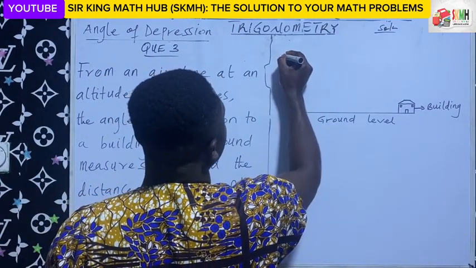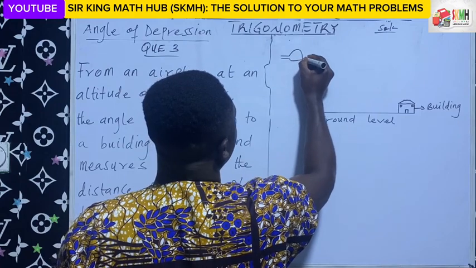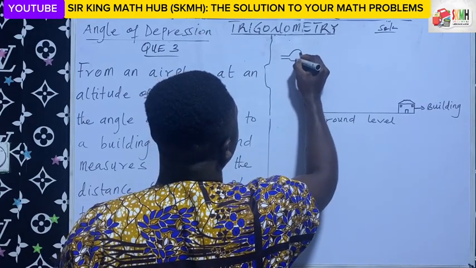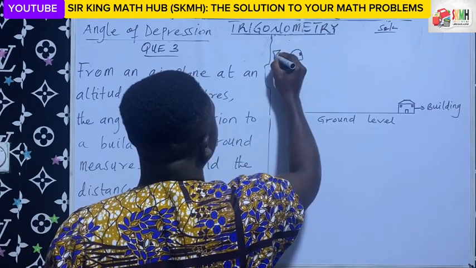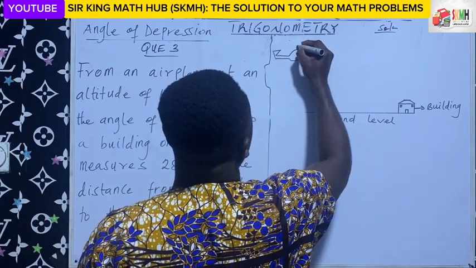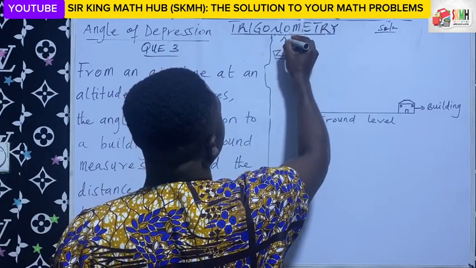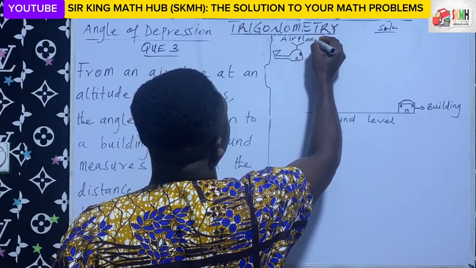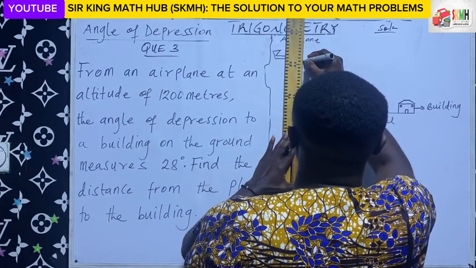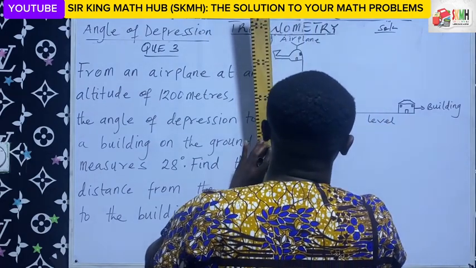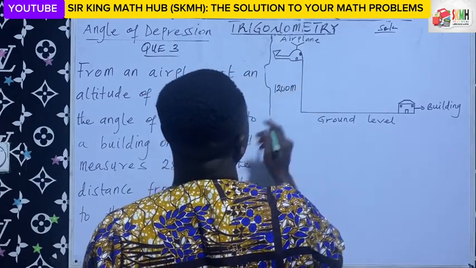So this is our airplane. And then this airplane is at an altitude of 1,200 meters.